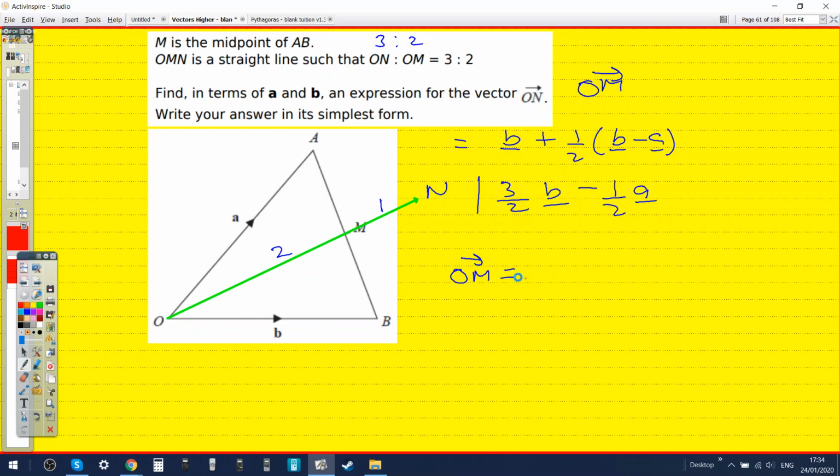Sorry, O to N is equal to O to M plus a third of O to M. And so, in fact, what is O to M plus a third of O to M? 1 and 1/3 of O to M. So that would be 4/3 of O to M, wouldn't it? That seems wrong somehow. O to N.